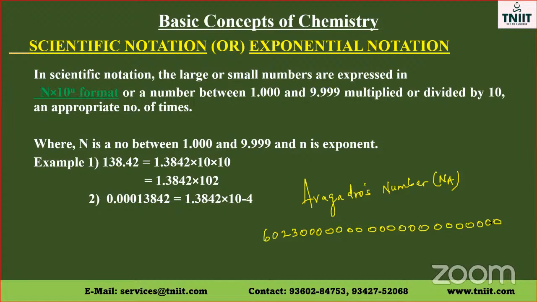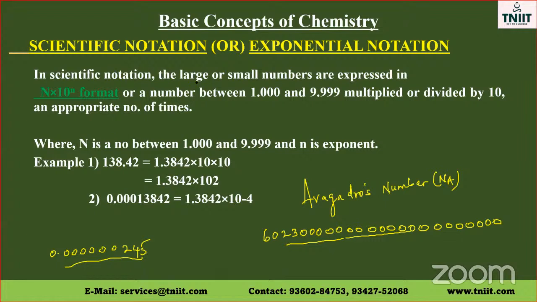It is not possible to represent this huge number like this. Or if we have a very small number, to represent that number also is difficult. So we represent very large or very small numbers in terms of scientific notation.